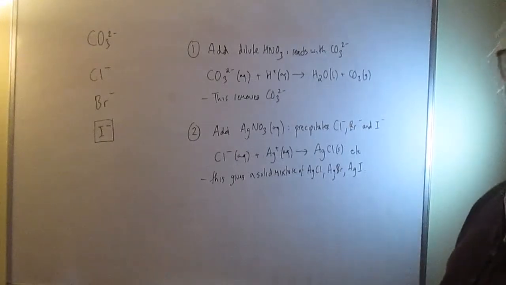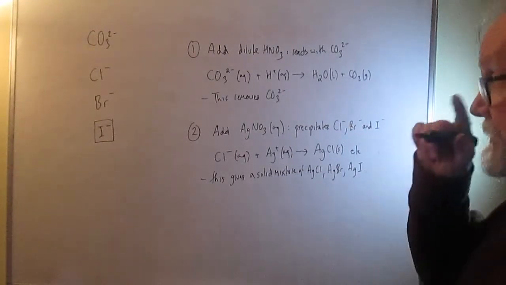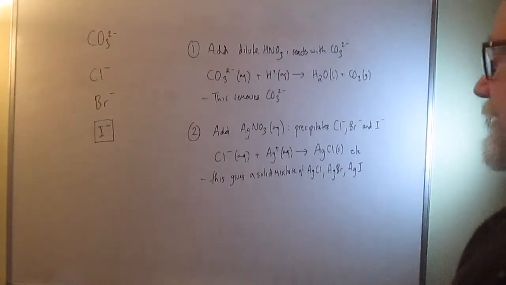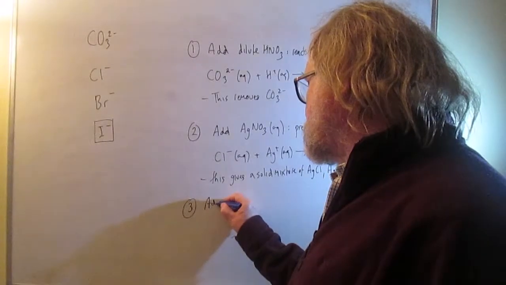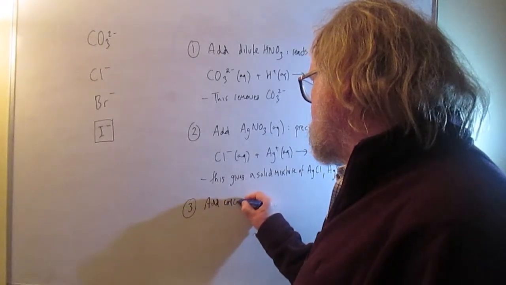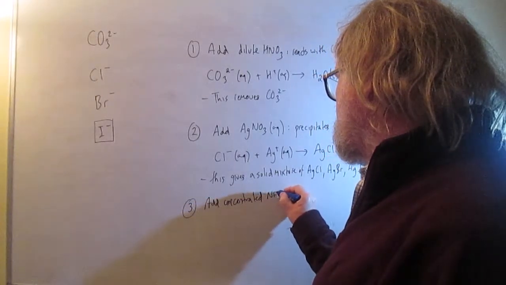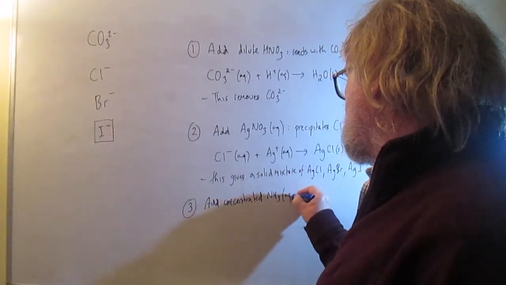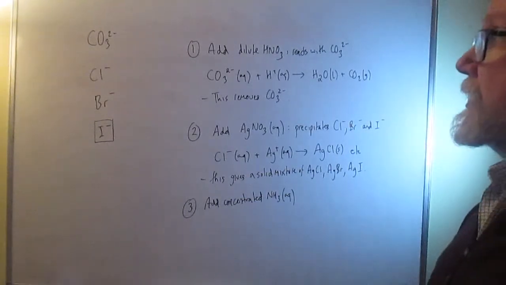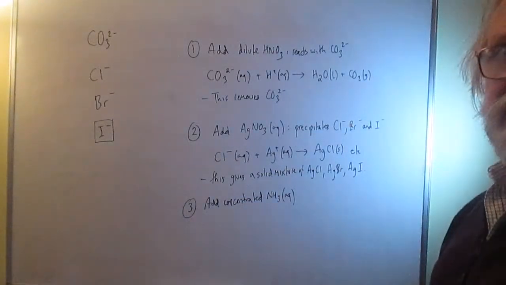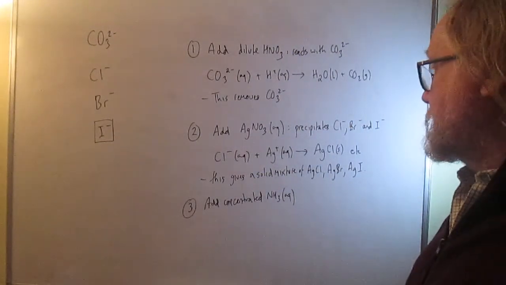So if you didn't know about the trick with ammonia, that wouldn't be particularly helpful, but the point is that you do, and you know that if we add concentrated aqueous ammonia, that will dissolve silver chloride and silver bromide, but not silver iodide. And that's the confirmatory test that you need to learn for the halide ions.